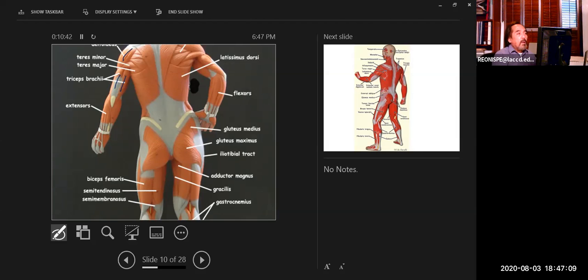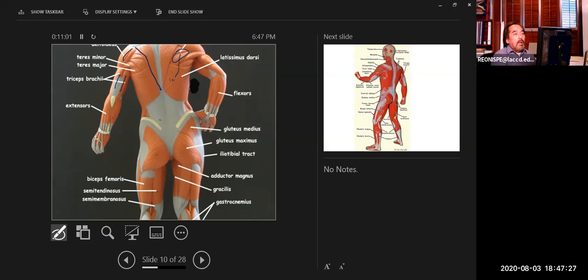Now, do you notice that the trapezius is still seen here? That means it's hard to actually look at your muscles that are underneath the trapezius, but I'm pretty sure this is going to be the infraspinatus.